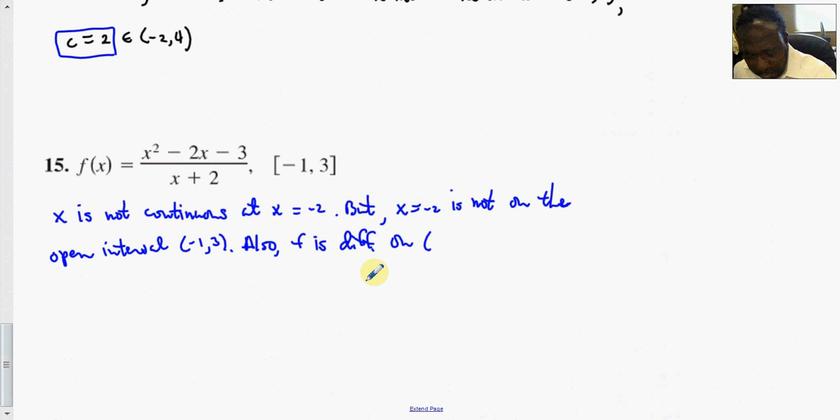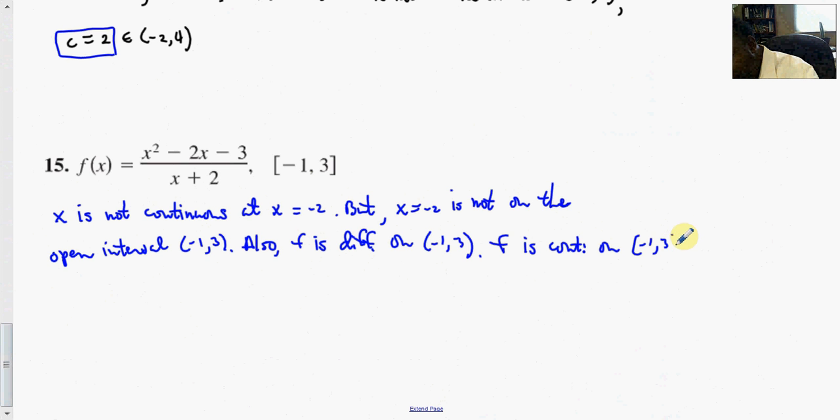So F is not continuous at X equal to -2, but X equal to -2 is not on the open interval. So here F is continuous and it's differentiable on the interval from -1 to 3. So also F is differentiable on this interval. F is continuous on the closed interval from -1 to 3.